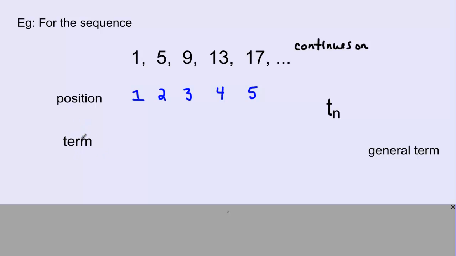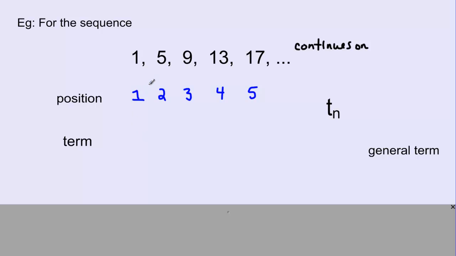So essentially, number 1 right here is term number 1 in the sequence, whereas number 13 is term number 4 in the sequence. And we use this notation, t and then subscript n, to represent the term number within the sequence.